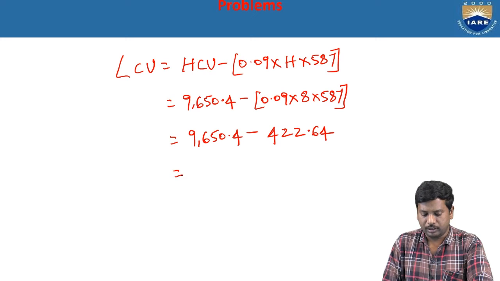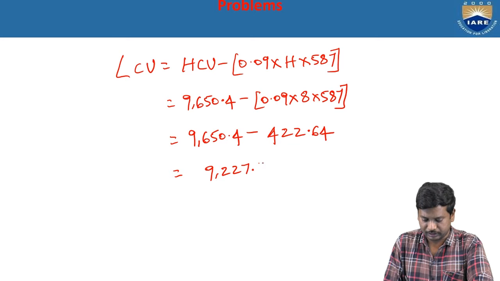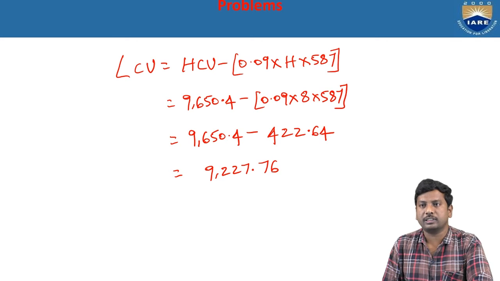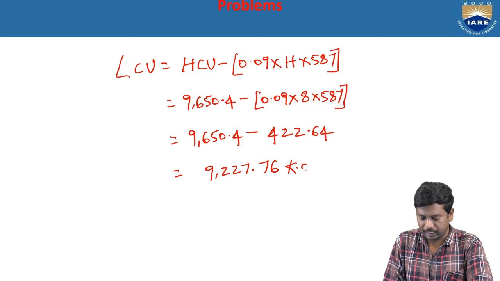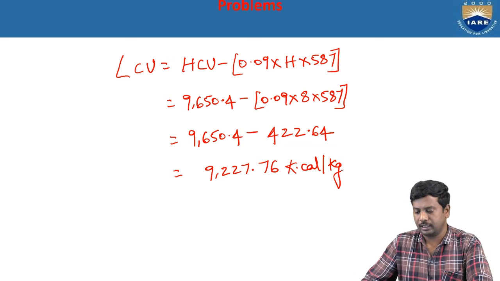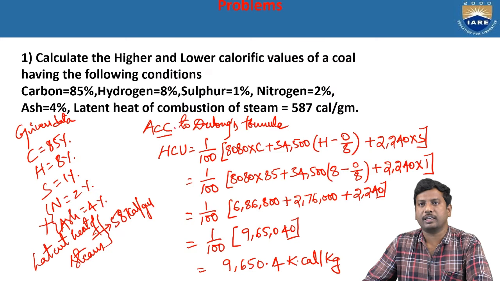So 9,650.4 minus 422.64, we get the final value of nearly 9,227.76. That means this is the value in kilocalorie per kg. So these are the values for the given problem.